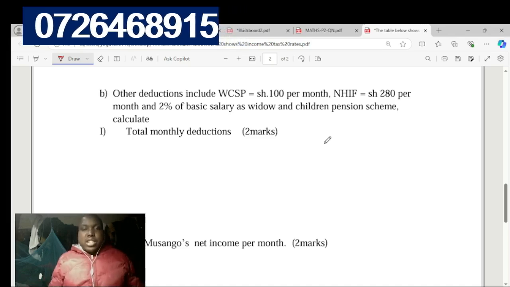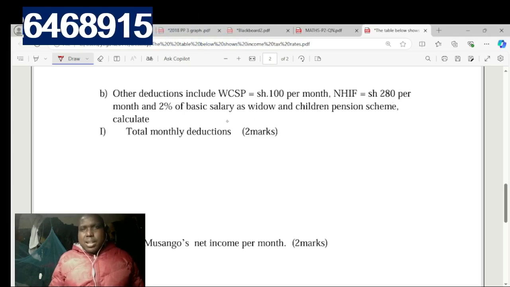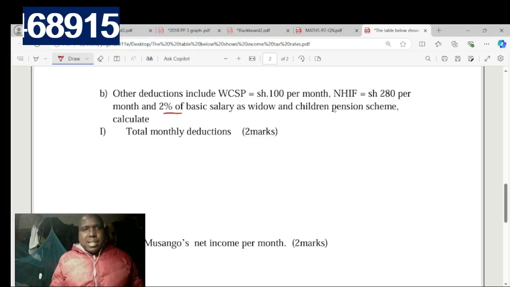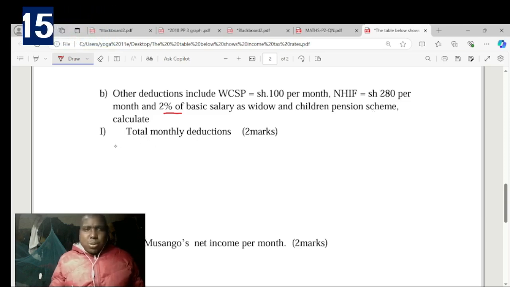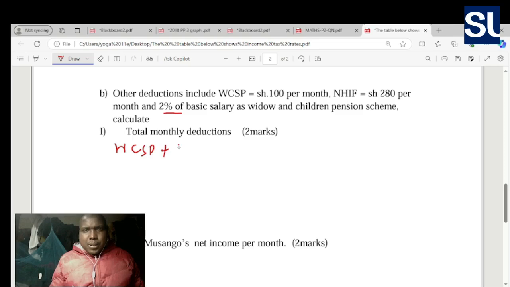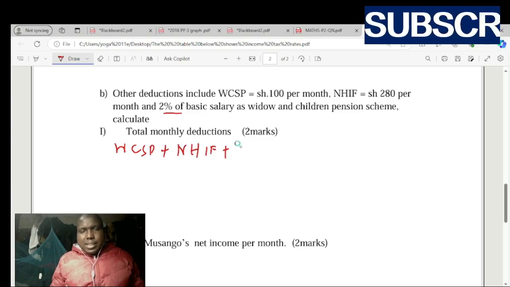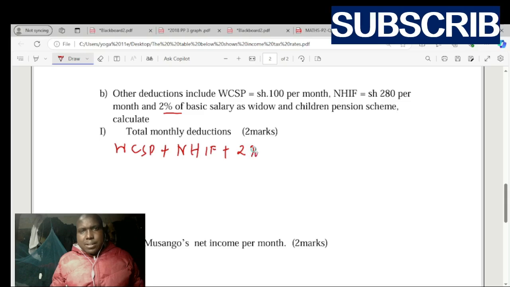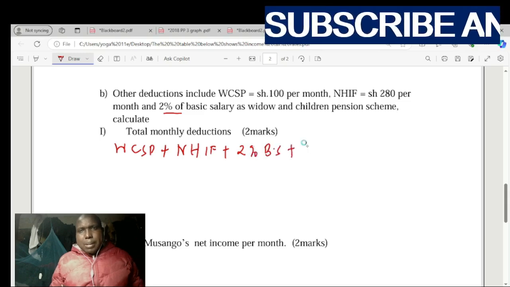Other deductions include WCSP, NHIF, monthly deduction of the basic salary. Calculate total deduction. So total deductions will be now WCSP plus NHIF plus 2% of the basic salary, and then plus pay.